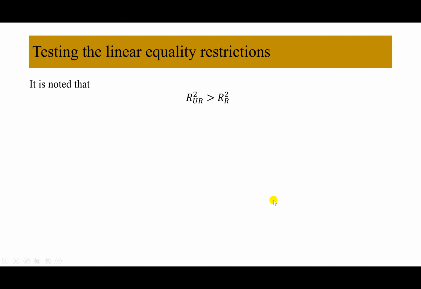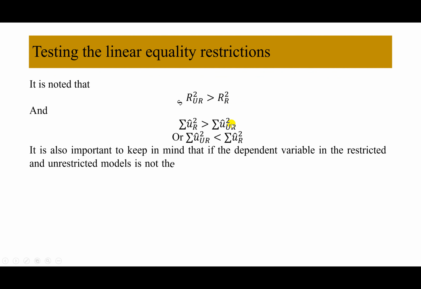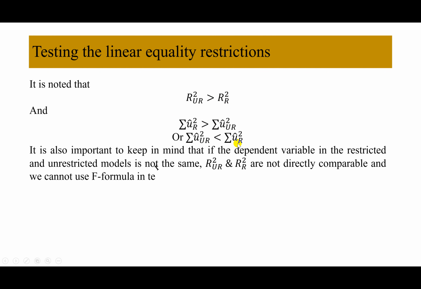It is noted that R square unrestricted will be greater than R square of the restricted model, and the residual sum of square of the restricted model will be greater than the residual sum of square of the unrestricted model, or the residual sum of square of the unrestricted model will be less than the residual sum of square of the restricted model.